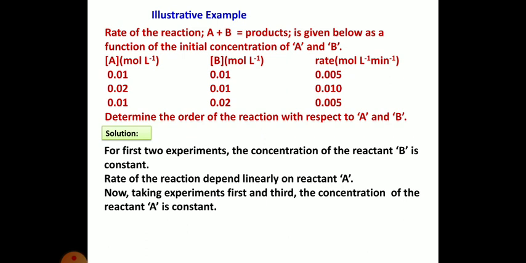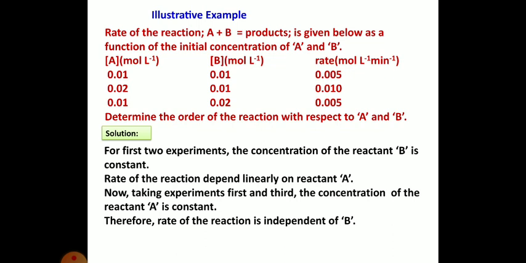Now taking experiments first and third, the concentration of the reactant A is constant. Look at the table, you will notice here. The concentration of the reactant A is constant.